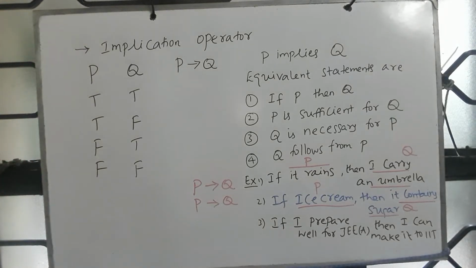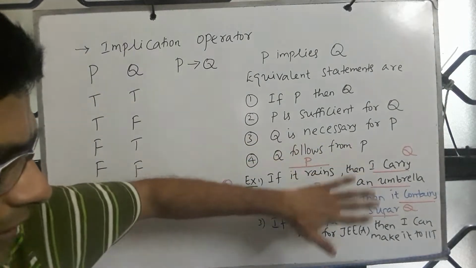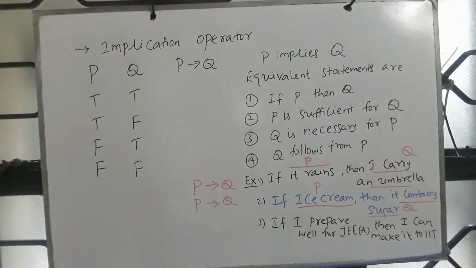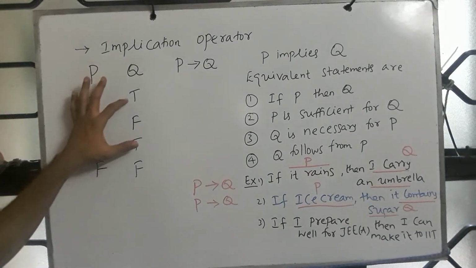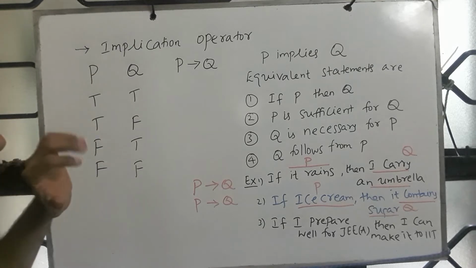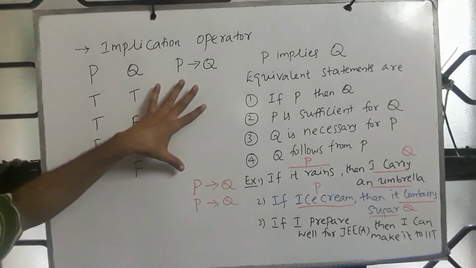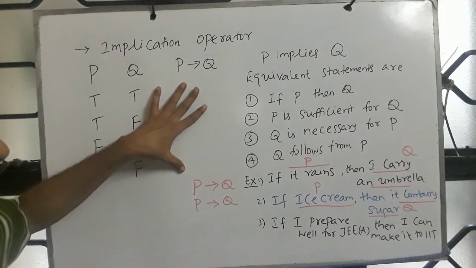So each of the propositions can take some truth value, true or false. Then we wish to know what is the truth value of the compound statement if P then Q.